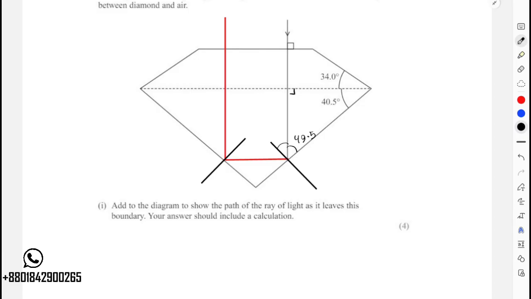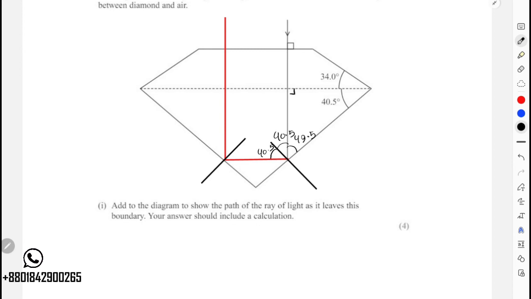This is again 40.5, right? Wait, why is it again 40.5? 1 minute. Yeah, that's because they were creating alternate angles. This is also 40.5.